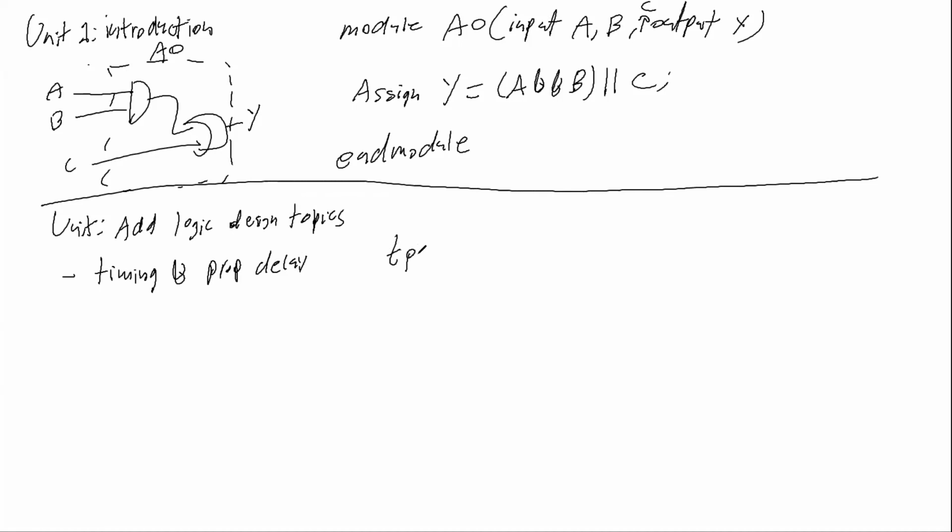We talked about the propagation delay as how to measure it using TPHL and TPLH. And we said that the high to low transition and low to high transition, this is with respect to the output signal.